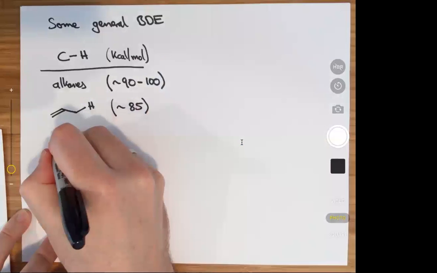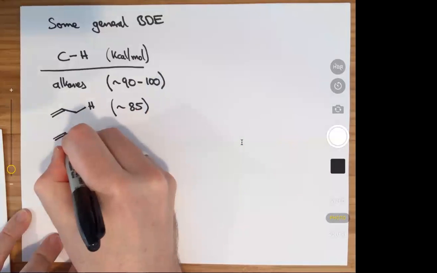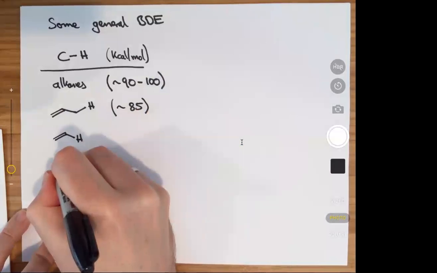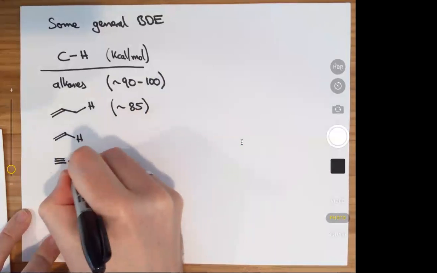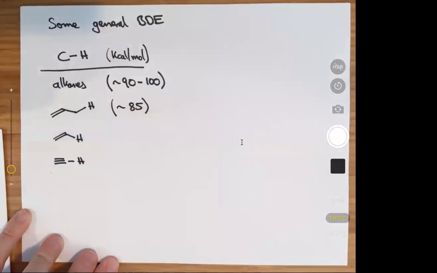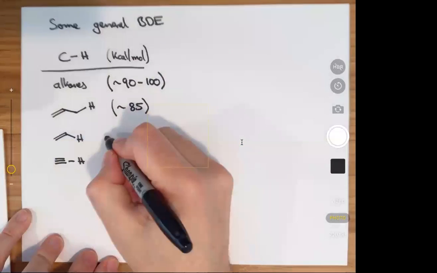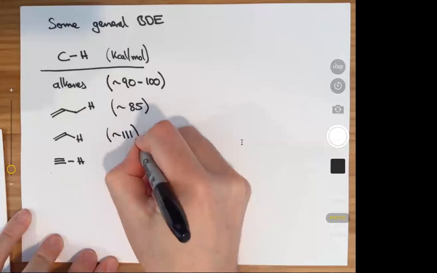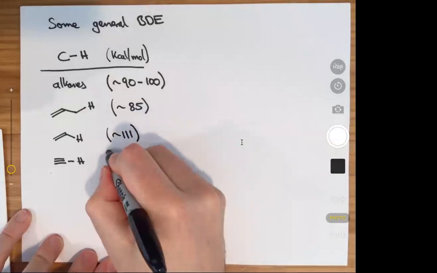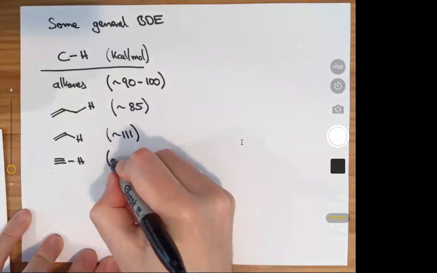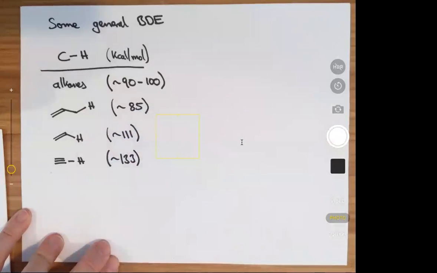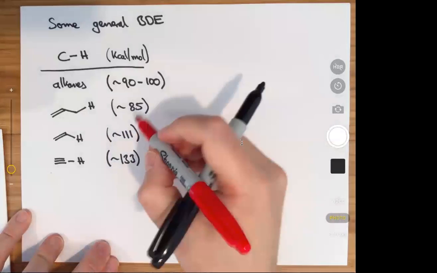If you have a vinyl radical, or a phenyl radical, these CH bonds are significantly stronger. The vinyl one is roughly 111 kilocalories per mole, and the phenyl one is actually 133. These are really strong bonds.